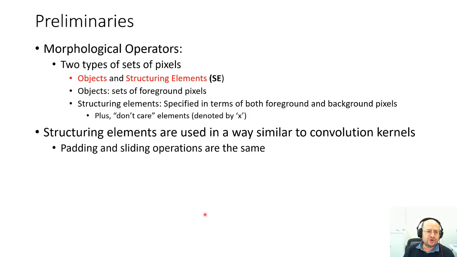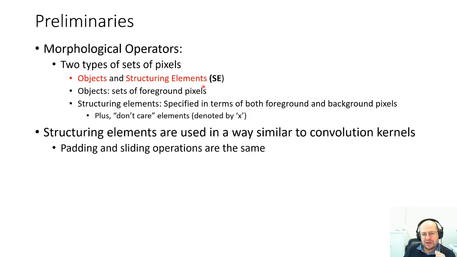Before we introduce morphological operators, we have to understand that in this area we understand two types of sets of pixels. One type is objects. Objects are regions in the image that we see, or that we don't see, depending on the kinds of images and the kinds of spectrum that you're dealing with, and the structuring elements.